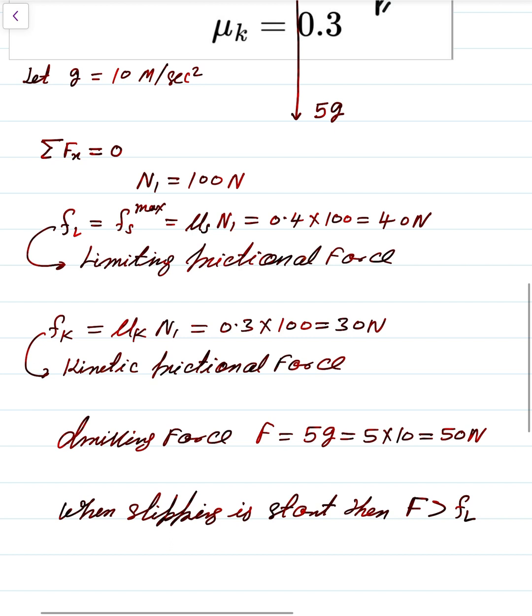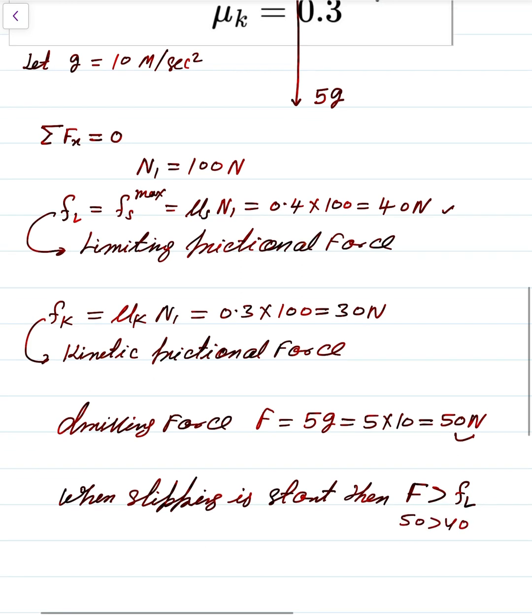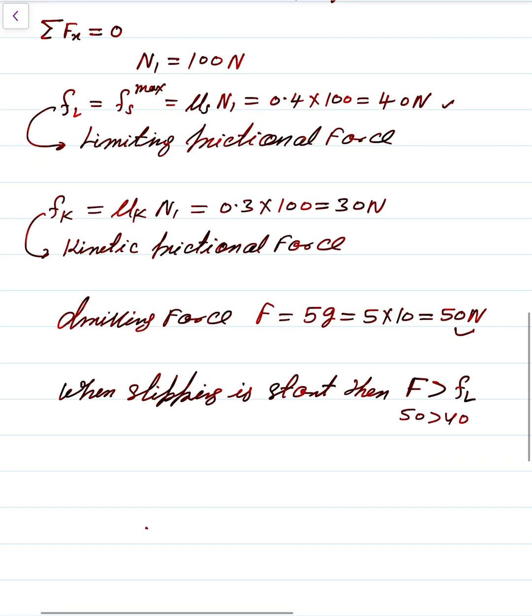So check here, F is 50 Newton, Fl is how much? 40. So F is greater than 40 Newton, so slipping starts. Means if slipping starts, then at that time the frictional force is called kinetic friction.